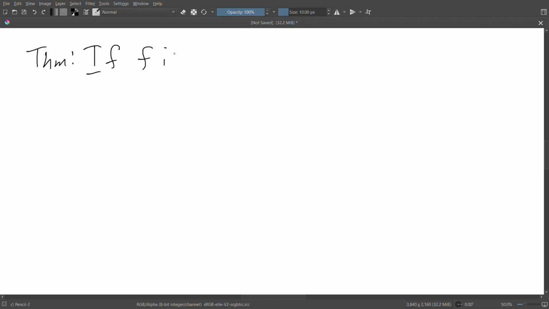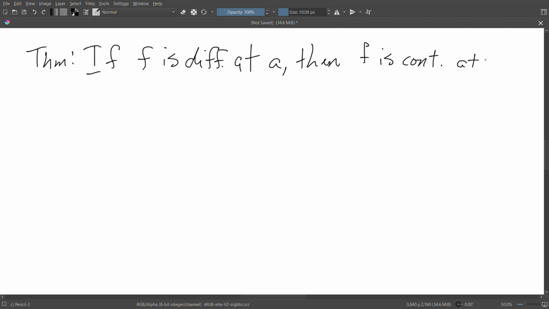If f is differentiable at A, then we know it's continuous at A. Then f is continuous at A. And this might be hard to grasp intuitively, so let me go through the proof first and then try to explain it with a graph.